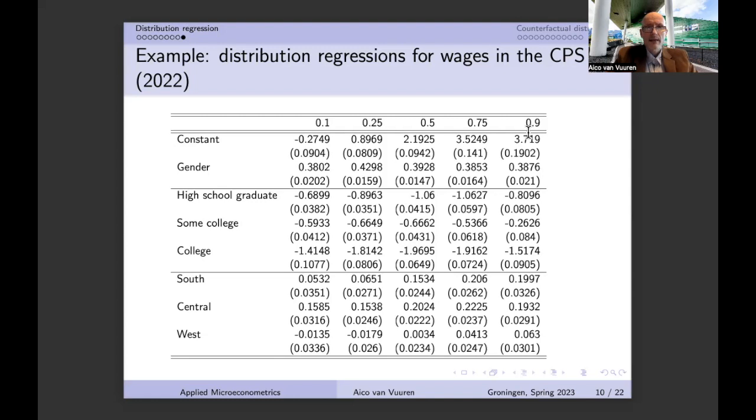The reason behind that is, first of all, distribution functions are increasing, but a more intuitive way to explain this is that we here estimate the probability that you're below a certain wage.